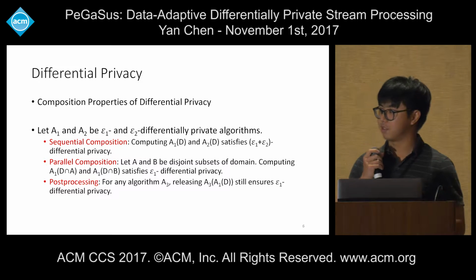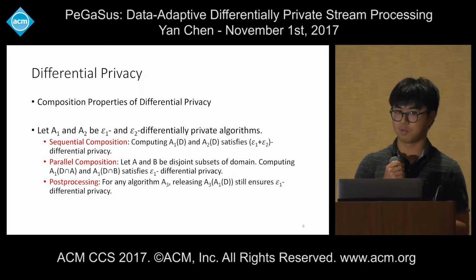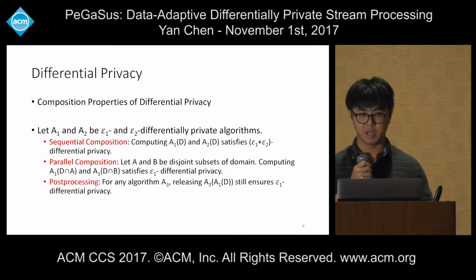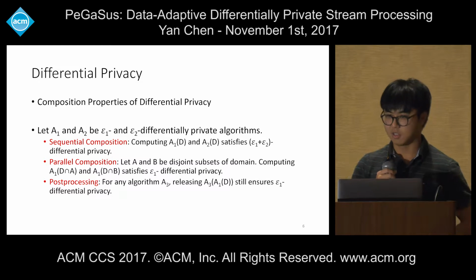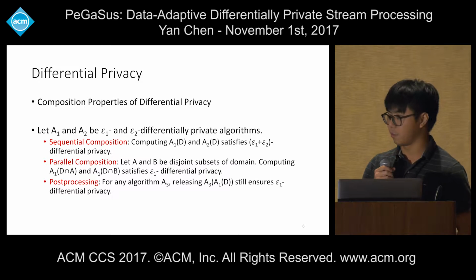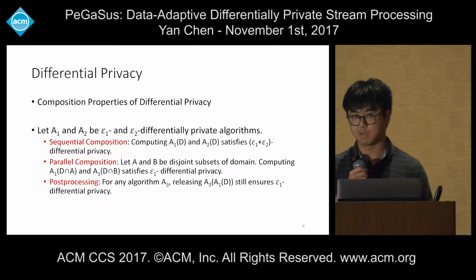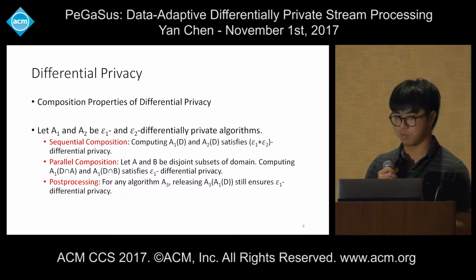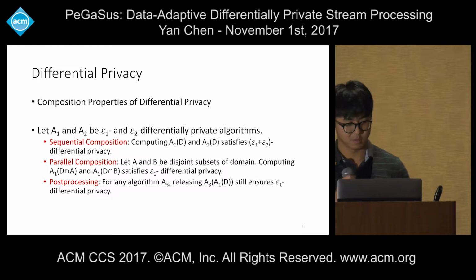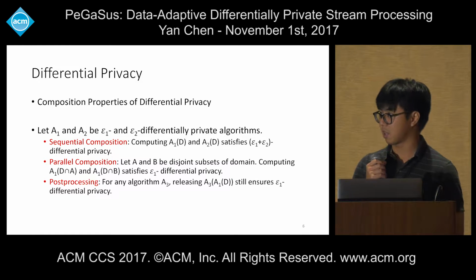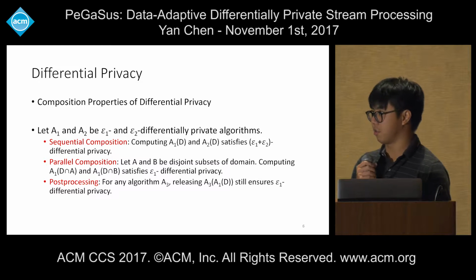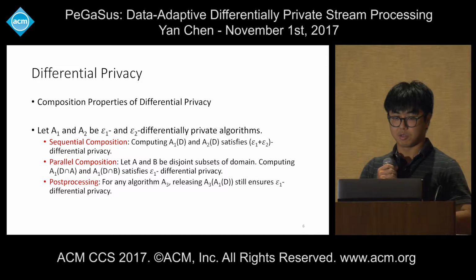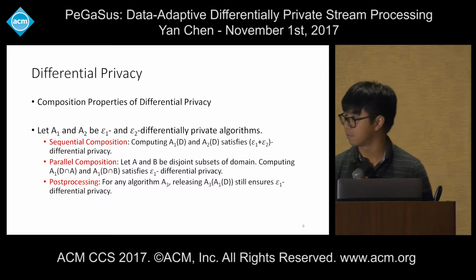Differential privacy has the following very beautiful composition properties. Suppose A1, A2 are epsilon 1 and epsilon 2 differentially private algorithms. Sequential composition means that if we compute A1, A2 on the same dataset, it guarantees epsilon 1 plus epsilon 2 differential privacy. Parallel composition means that if we compute the same algorithm A1 on two disjoint datasets, it will still ensure epsilon 1 differential privacy.